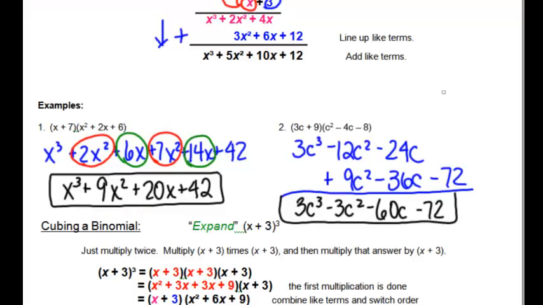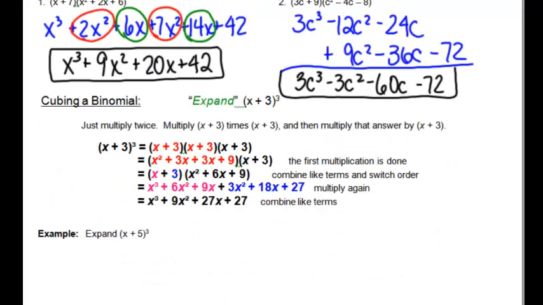I got 3c cubed minus 3c squared minus 60c minus 72. I did this one semi-vertically. I multiplied it out horizontally, but I listed it vertically. And one of the reasons is I'm going to show you how to expand a binomial to the third power. And when you do that, it's very helpful to sometimes line them up vertically.